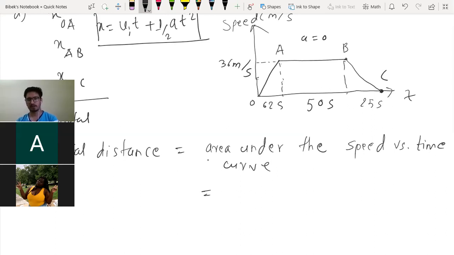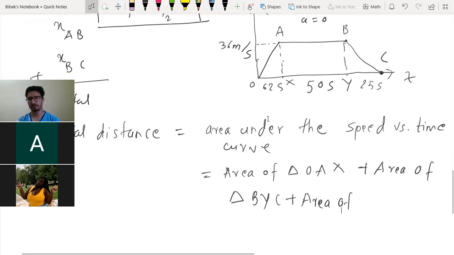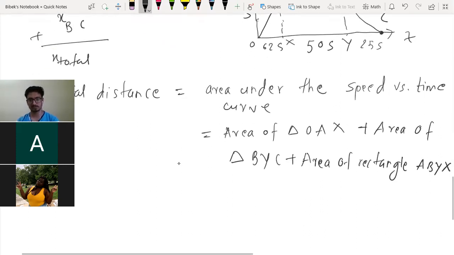So that is the area of triangle OAX, this point is x and this point is y, and the area of triangle BYC, and the area of the rectangle ABYX. So this will give you the total distance.